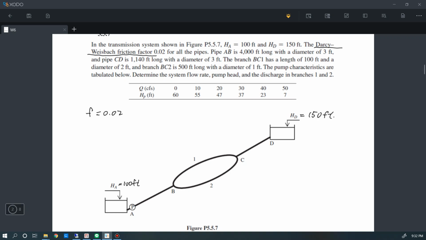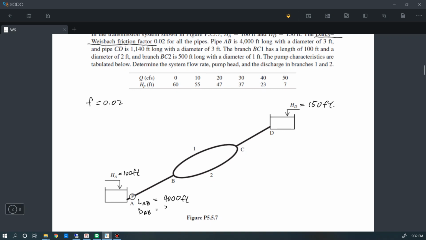And the pipe AB has the length equal to 4,000 feet with a diameter equal to 3 feet. And for the pipe CD, we have length equal to 1,140 feet, and the diameter of CD is equal to 3 feet.